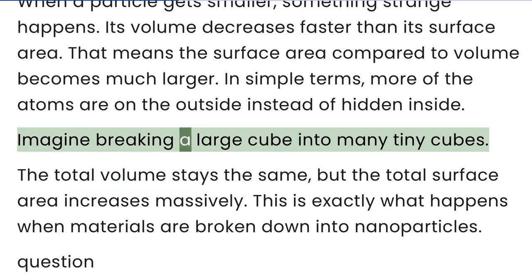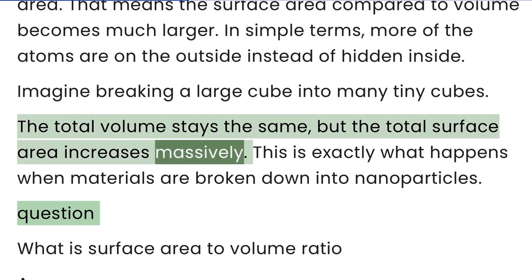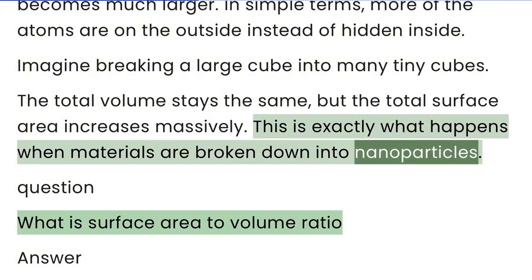Imagine breaking a large cube into many tiny cubes. The total volume stays the same, but the total surface area increases massively. This is exactly what happens when materials are broken down into nanoparticles.